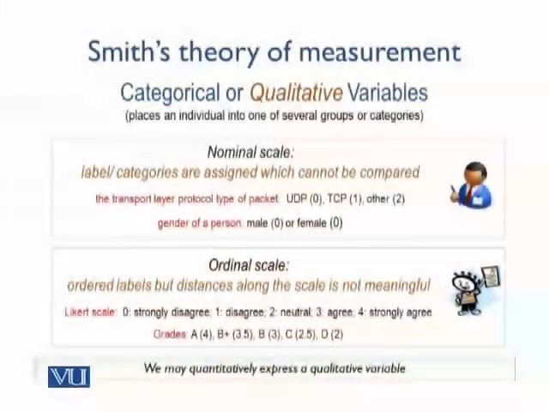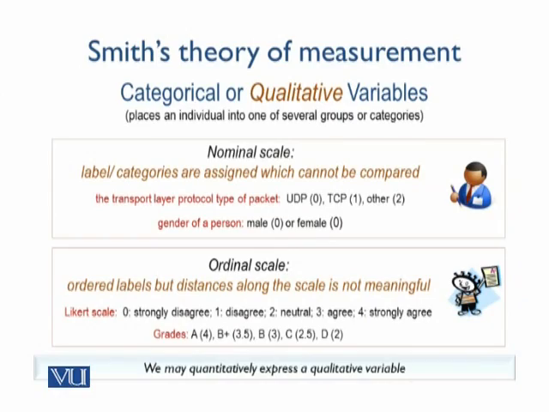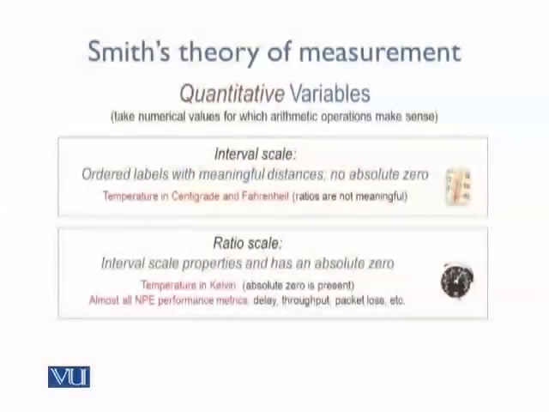A grade of A is given, let's say, a number of 4. A grade of B plus is given a quantitative number of 3.5 and so on. So we are expressing information about some qualitative variable, but we are doing that while using the language of quantitative numbers.